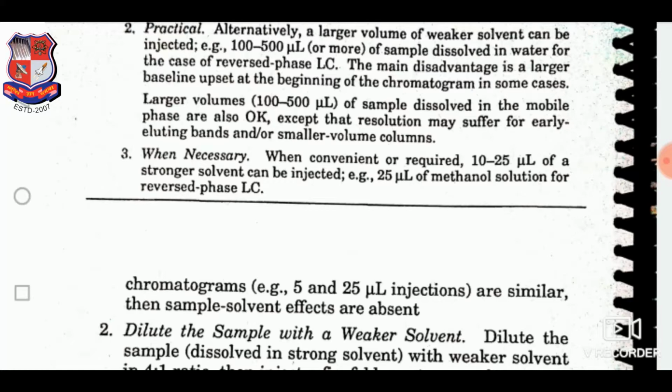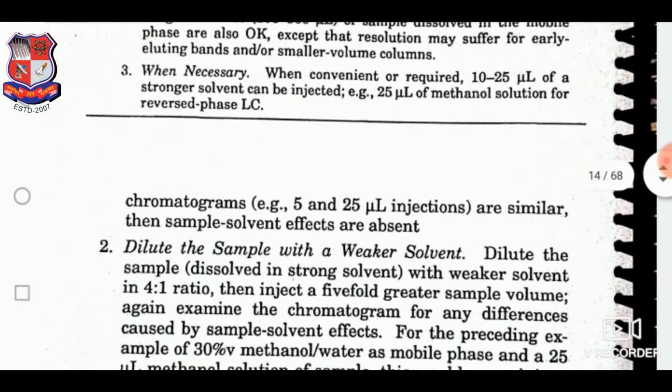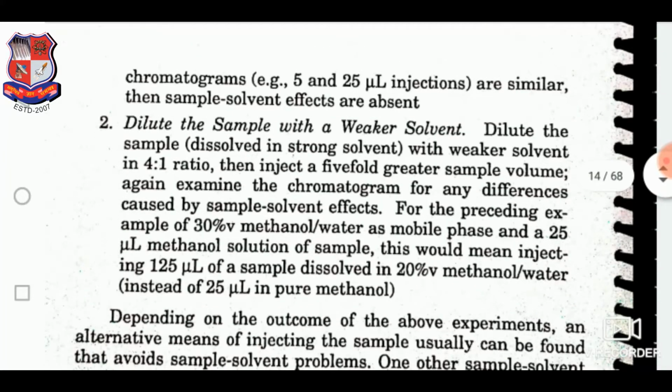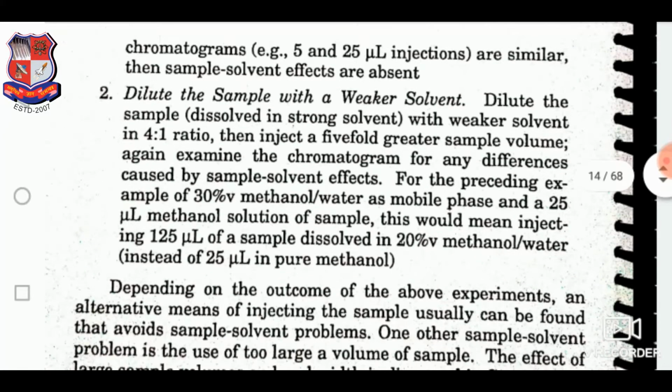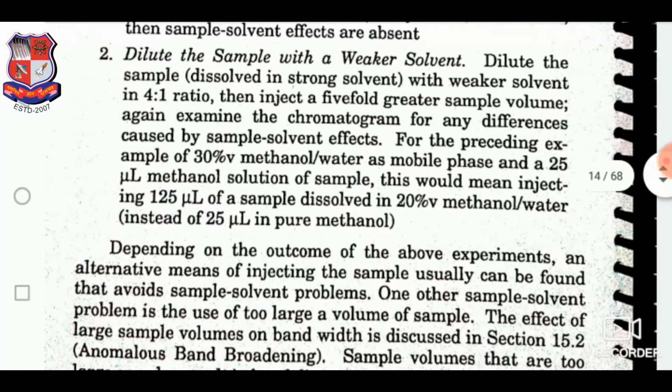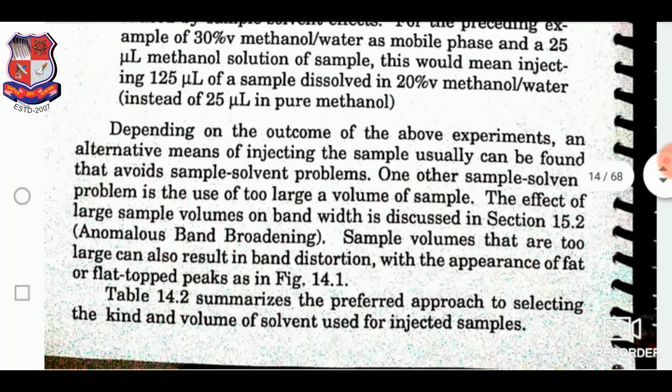When necessary, 10 to 25 microliters of the stronger solvent can be injected, for example 25 microliters of methanol solution for reverse phase. Or dilute the sample with a weaker solvent, for the preceding example, 20% methanol in water.